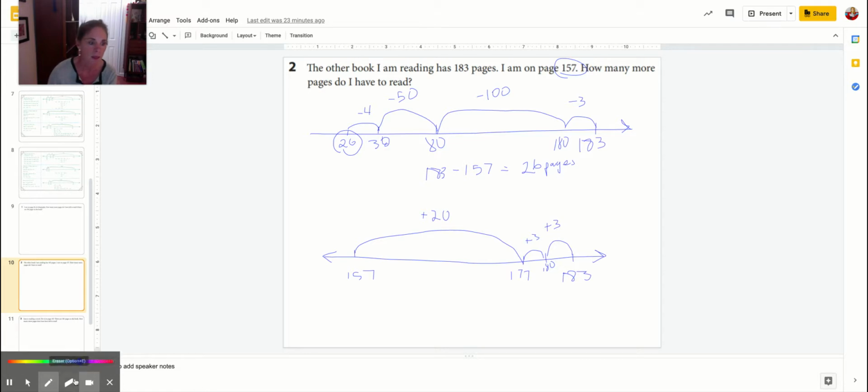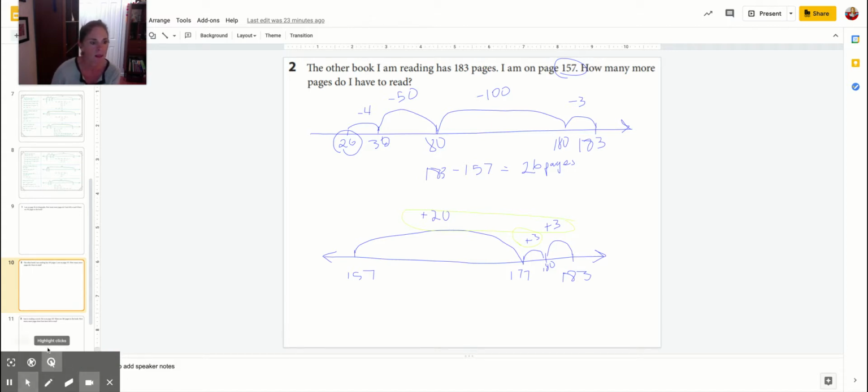So this time, the answer's on the top, right here. 20 plus 3 plus 3. You see how that works? So the difference between these two numbers is 26. That's how many more pages they have to read.